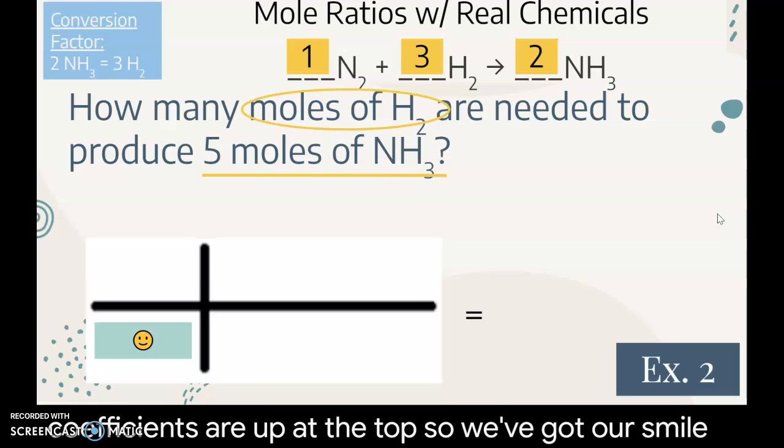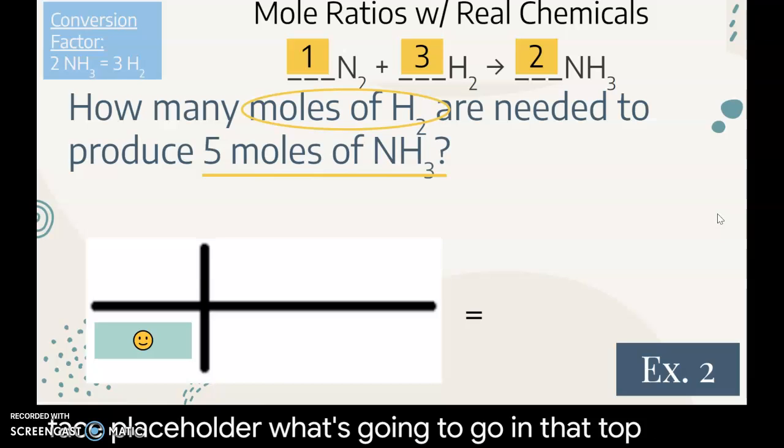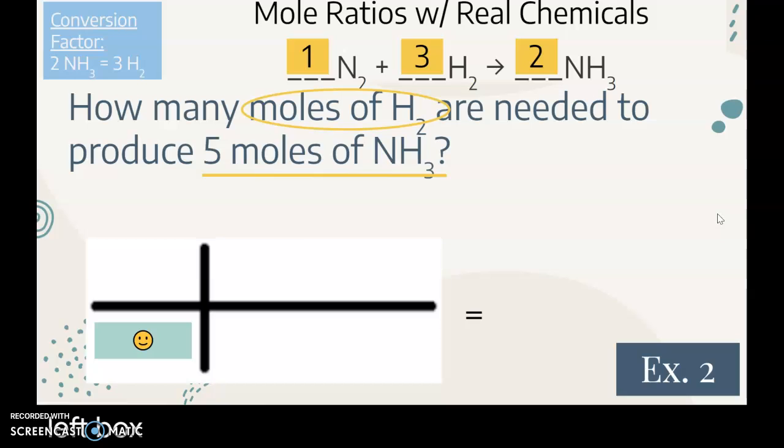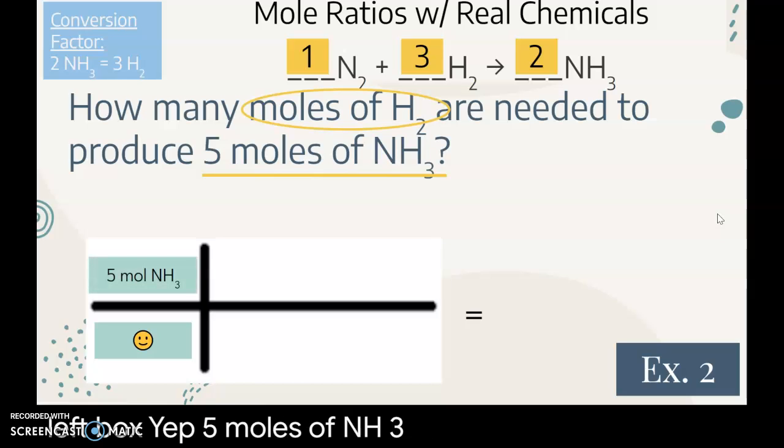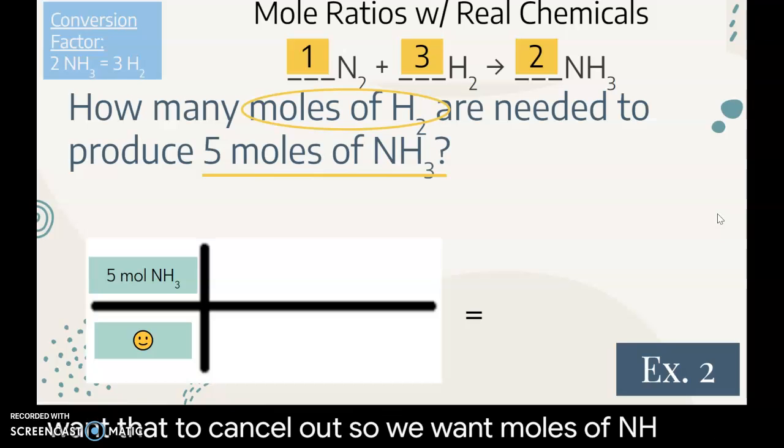So we've got our smiley face placeholder. What's going to go in that top left box? Yep, 5 moles of NH3. And then we want moles of NH3 to cancel out.